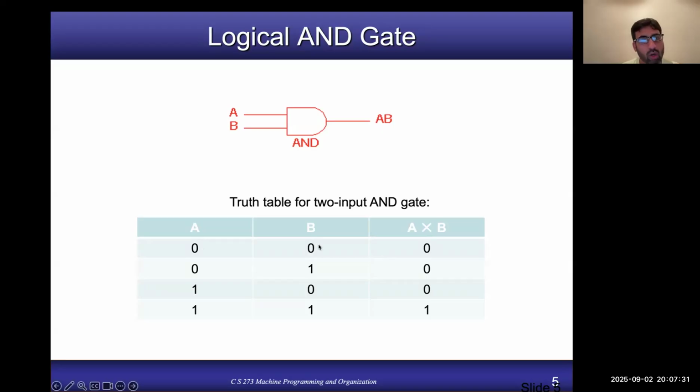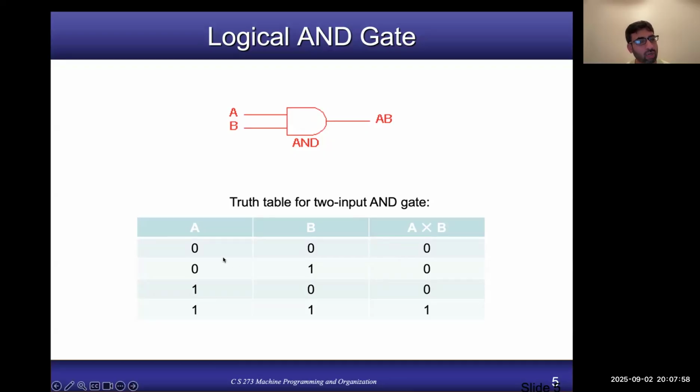So how does this operation work? Before even explaining this, we know how addition works, right? Let's say the value of A is 2, the value of B is 3. So 2 plus 3 is 5. We simply add the numbers and we get the result. So plus is an operation, and AND is an operation. We have two inputs A and B, but instead of doing the addition, we are doing the AND operation.